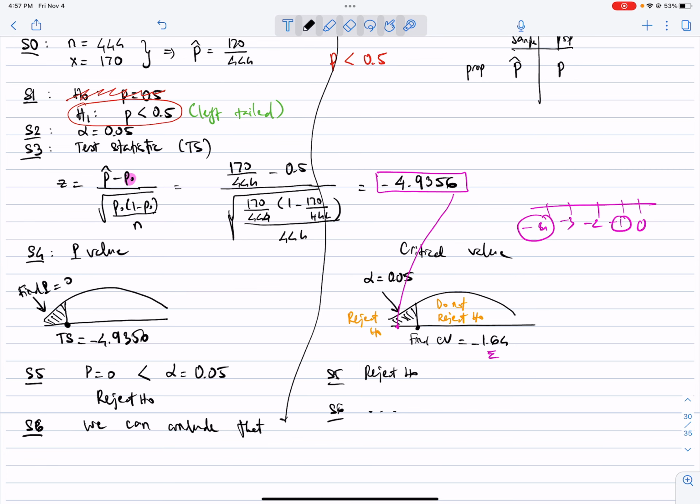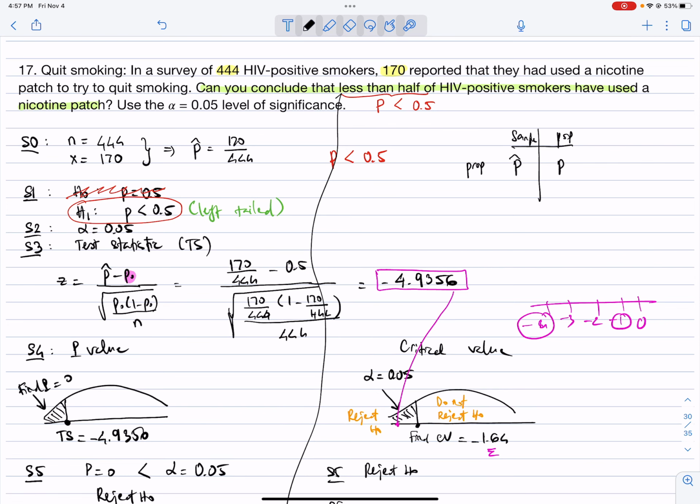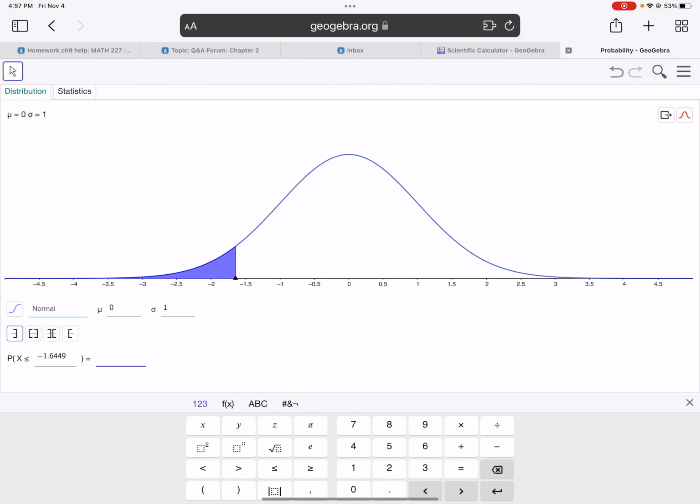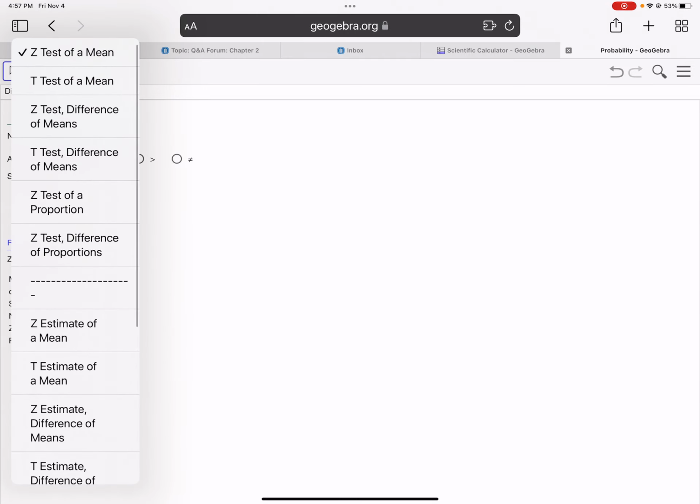Okay, so we use GeoGebra for this problem, and how do we do that? We go to the z-test of proportion. So you don't use the estimate, which is for the confidence interval. Hypothesis testing is on the top, it's for the z-test, and we are doing the proportion.